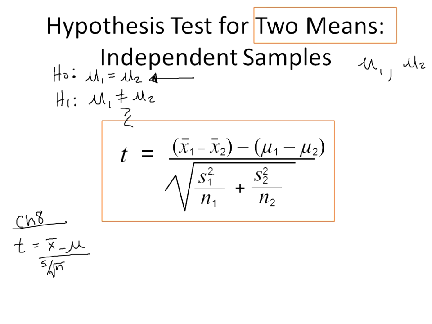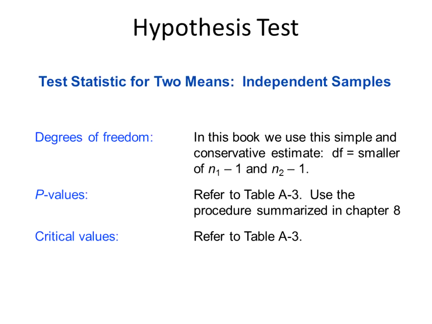So we're always working under the assumption that the null hypothesis is true. So what is the value of mu1 minus mu2? If the null hypothesis is true, what do I say mu1 minus mu2 is equal to? All right, so we say it is 0. Good, it's 0. All right, so that simplifies your formula a little bit, right?